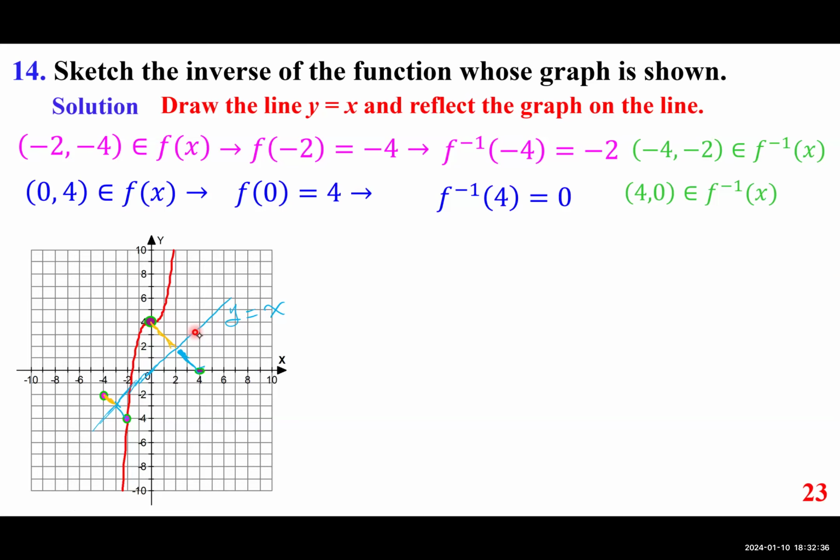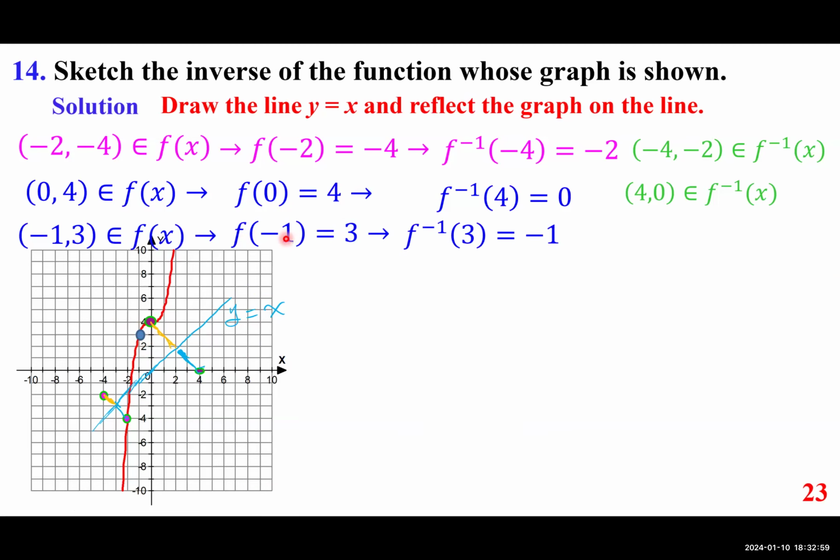Let's see if we can pick another easy one. This one seems to have -1, 3 as its coordinates. So if that's the case, this means f of -1 must be 3. And the inverse means f inverse of 3 must be -1.